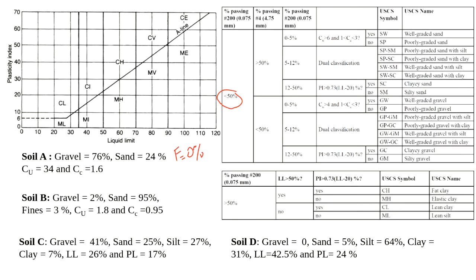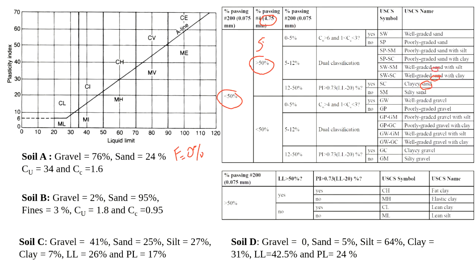If we have more than 50% of that coarse grain material that passes through the sieve, in this case it's going to be sand, because more than half pass through the sieve, which means that more than half of the coarse material is sand. So we're going to have sand, and you will see that all your answers will be here: sand, sand, sand.